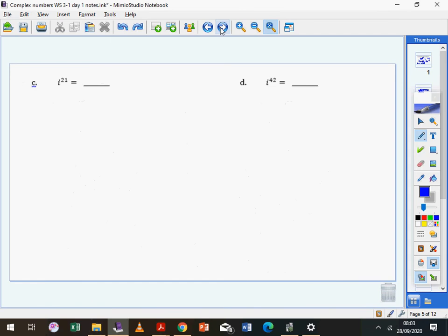I to the 21st power, this is I to the power 20 times I to the power 1. Now I to the power 20 is the same as I to the power 5, 4 times.